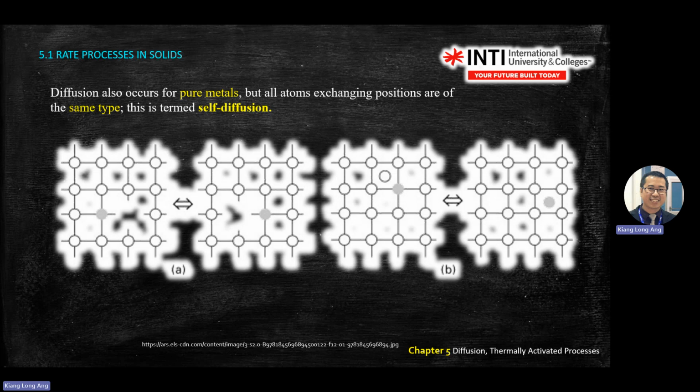Now there's the mathematics to calculate the rate of process in solids. Okay. So diffusion also happens in pure material. The previous slides you saw were of two materials, copper and nickel. But pure metal can also have diffusion by exchanging locations of the atoms, like what you see on the screen. Right, the green dot goes to the left-hand side.